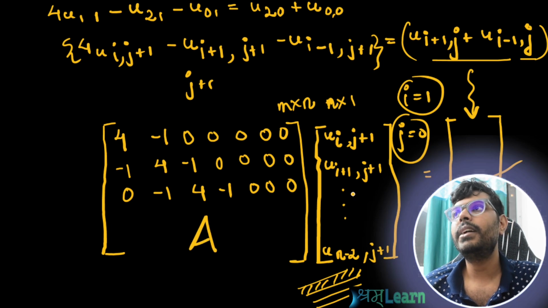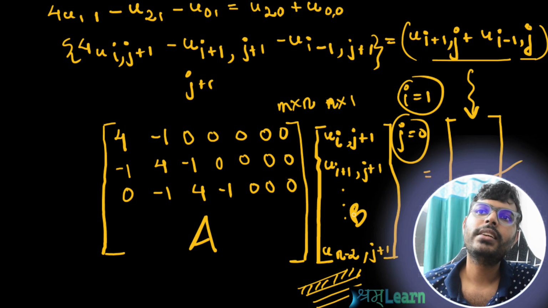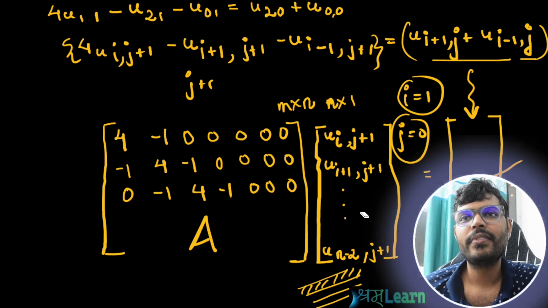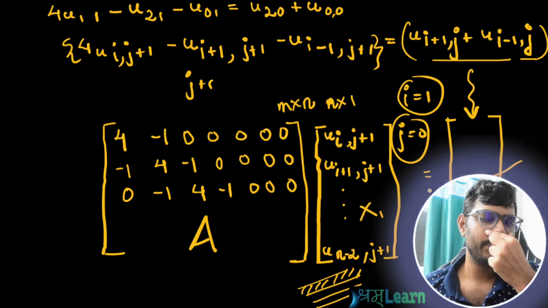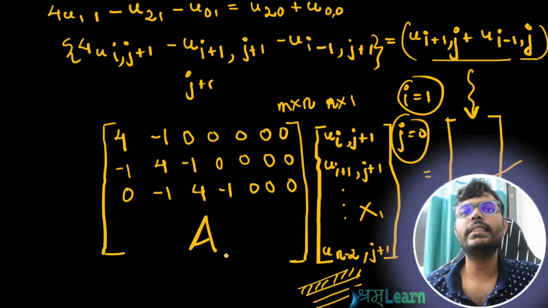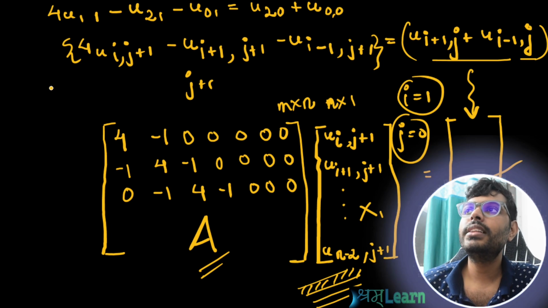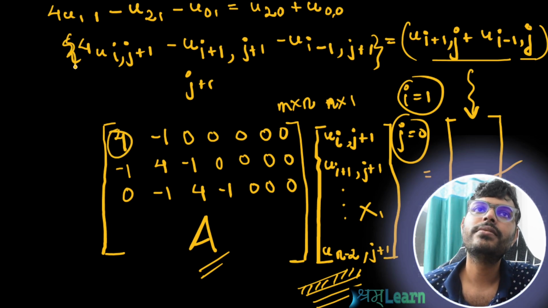This is the A matrix, this is the B matrix. Okay, is this the B matrix? No, this is the X matrix. In our case, I have written it as X1. This is the B matrix, this is the A matrix. And all these coefficients are coming from where? From this relation.